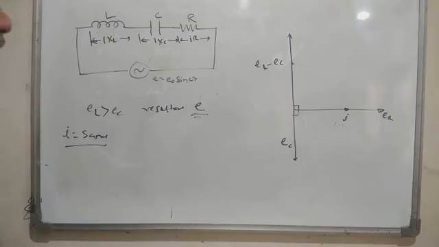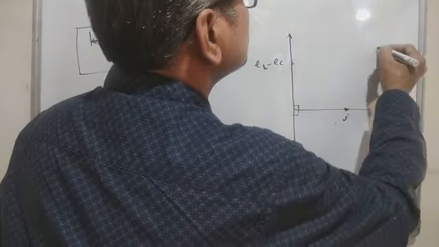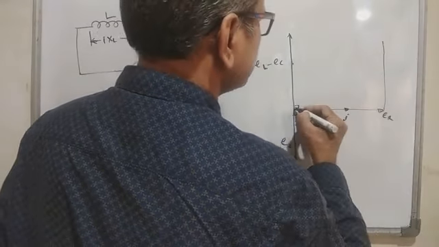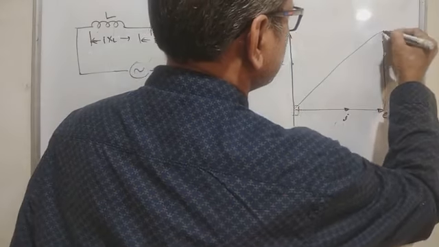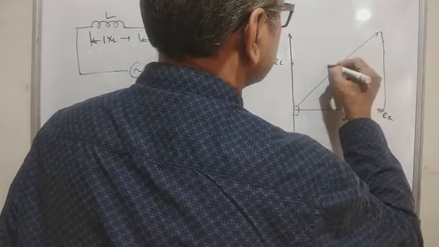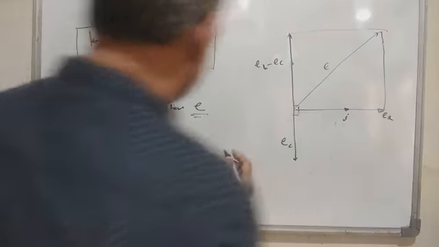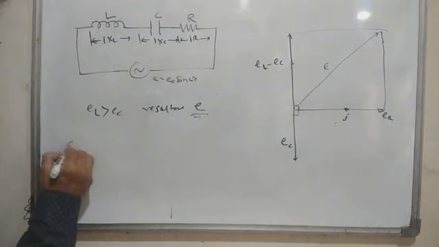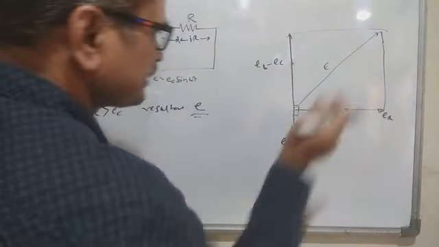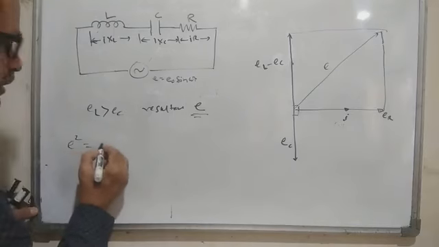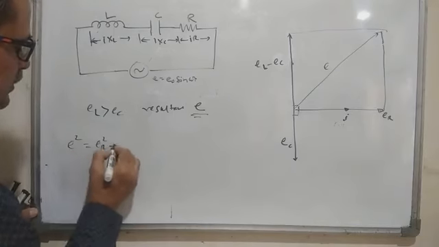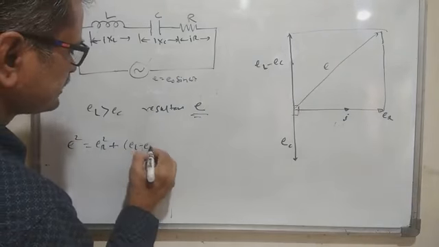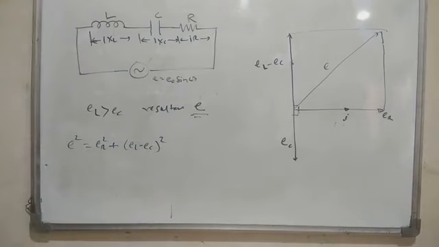I will draw the vector diagram here, connect this, and find out the resultant E. E square will be equal to ER square plus EL minus EC whole square.